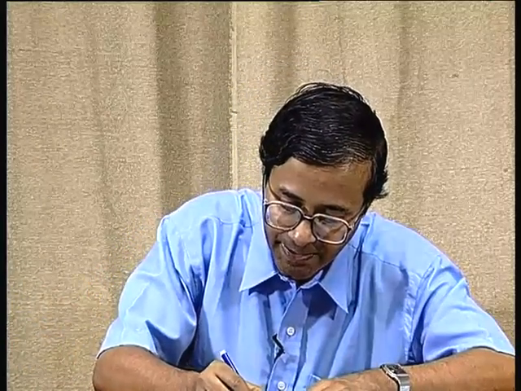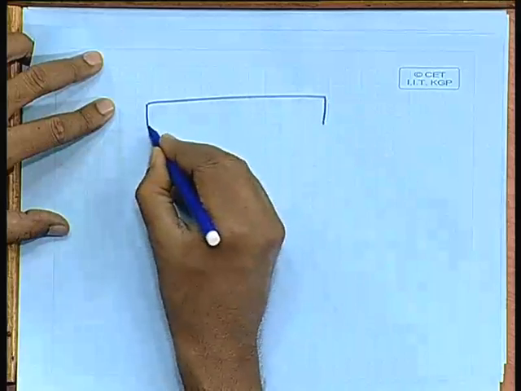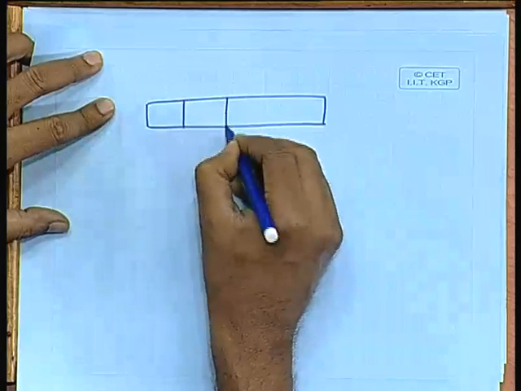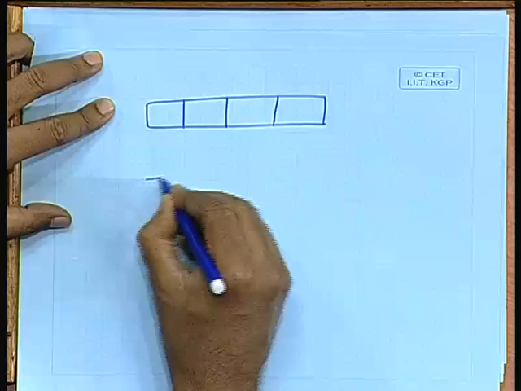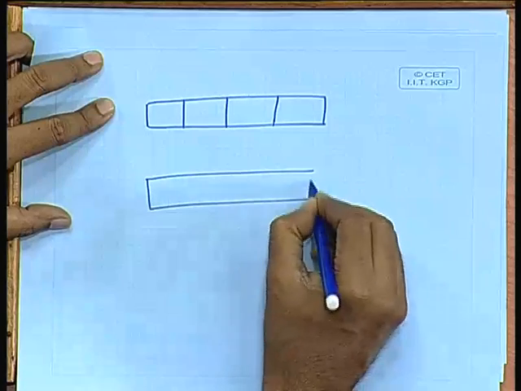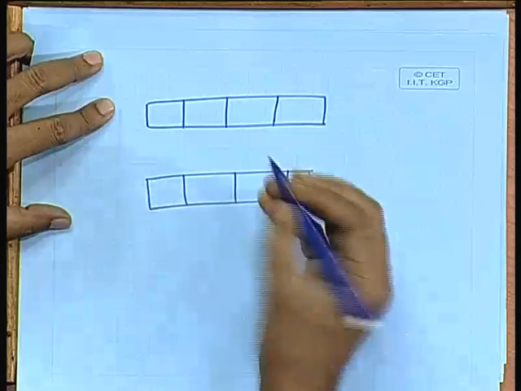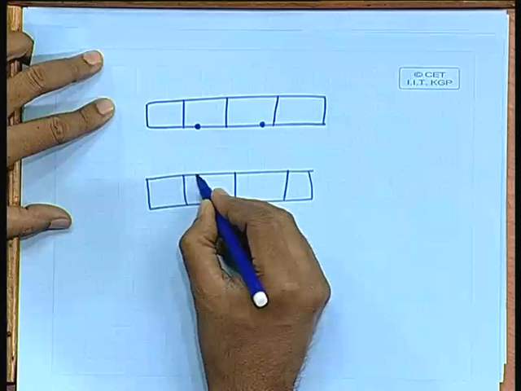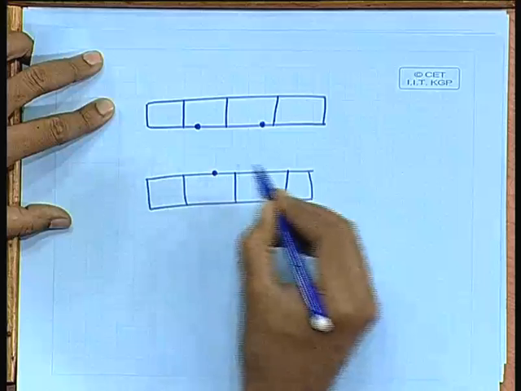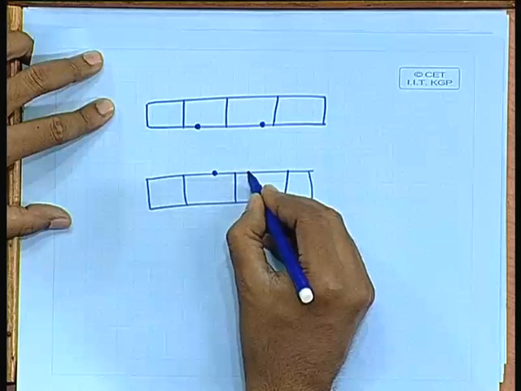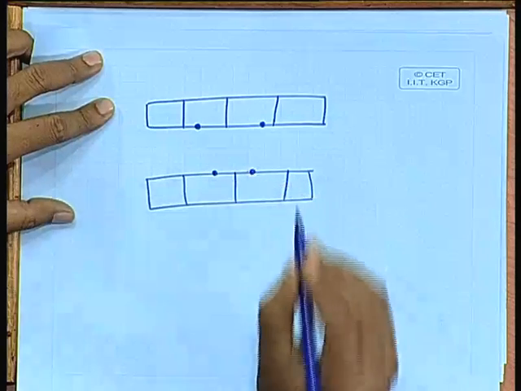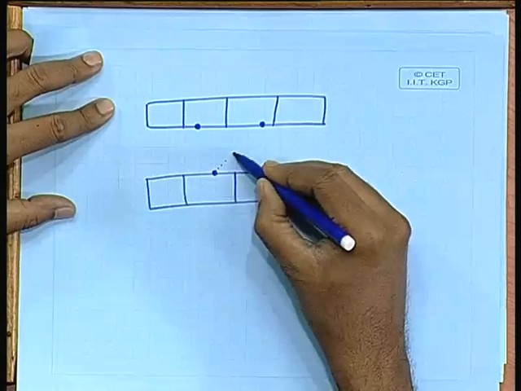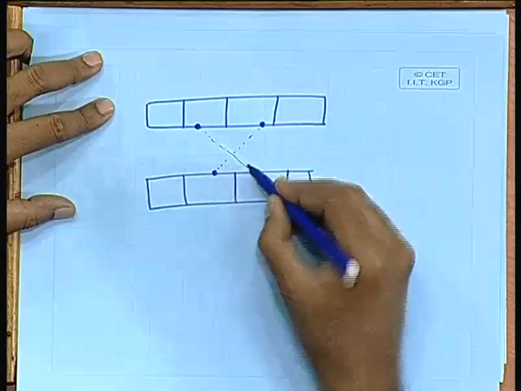Here I am showing only one. For example, suppose in a standard cell based design, you have 2 rows of cells. Okay, these are the pre-assigned cells on top and bottom. Say I am giving a specific example. Suppose these 2 pins are here and there is one pin here and one pin here. Now, your objective will be to connect this with this and this pin with this pin.